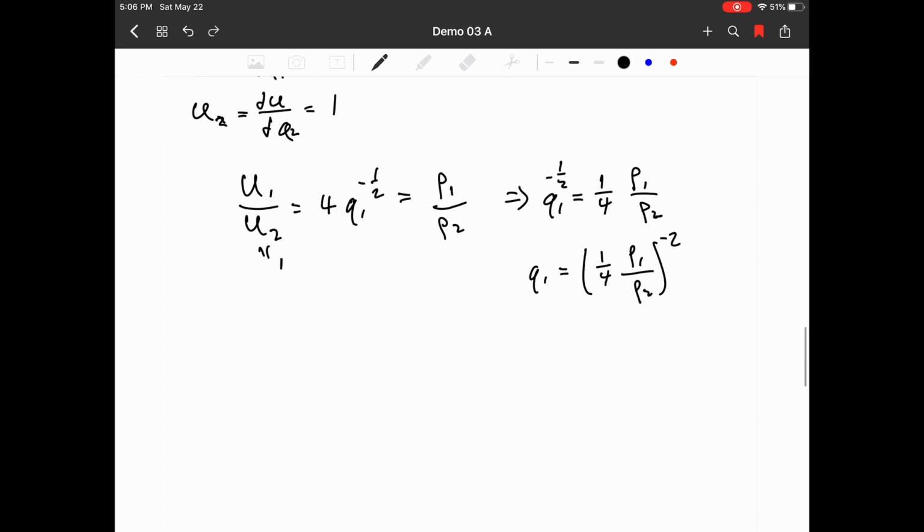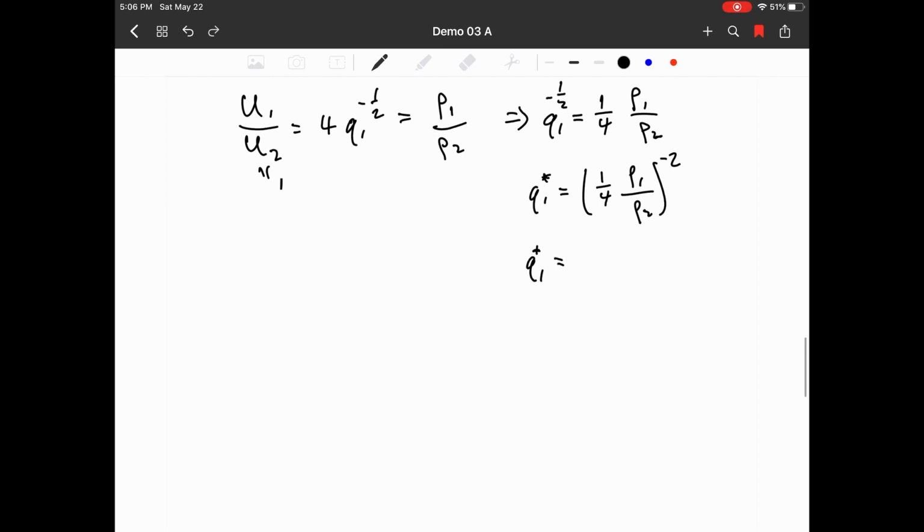And we'll use star to denote that this is the solution. So we'll just distribute. Some people prefer doing this a different way. Whatever solution method you prefer is the correct one.